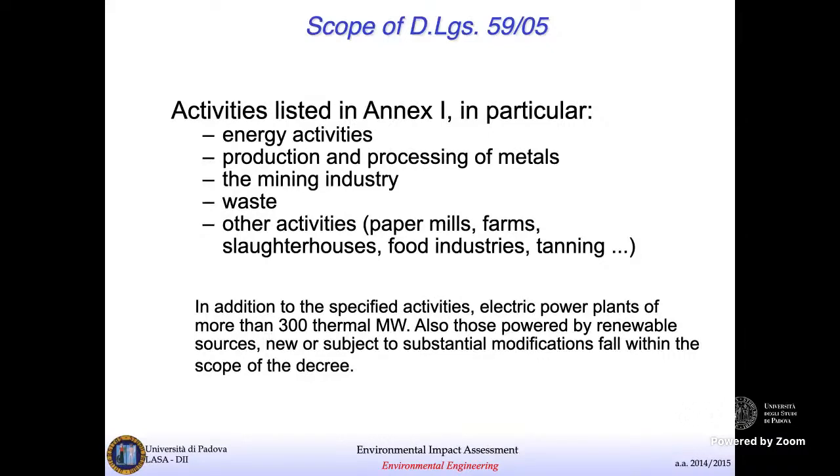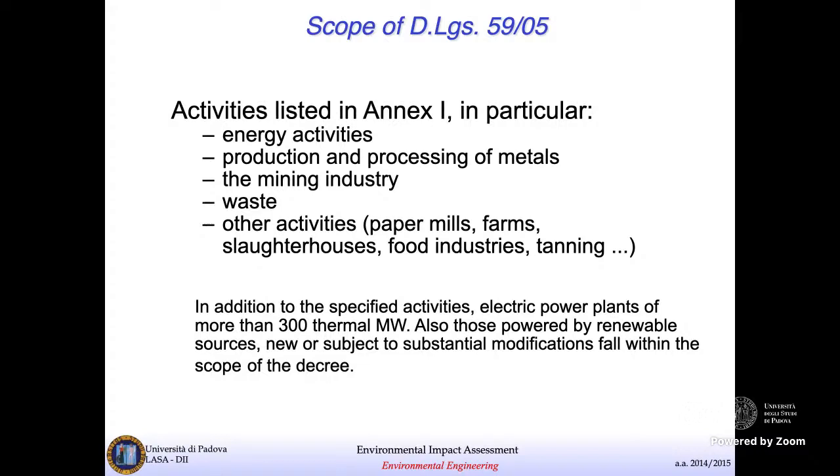What is again the scope? Activities listed in Annex 1 of the decree, in particular energy activities, production and processing of metals, the mining industry, waste production industry or waste treatment industry, other activities like paper mills, farms, and so on. In addition to the activities specified in Annex 1, electric power plants of more than 300 thermal megawatts are also required to undergo an IPPC procedure.